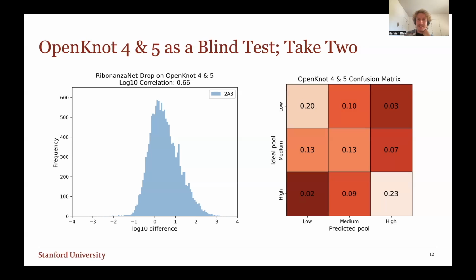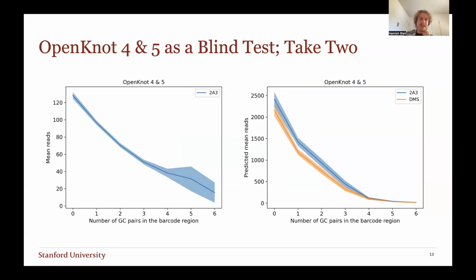And I will highlight another thing that RibonazaNet-Drop was able to correctly predict, which is something that was noticed by Eterna players a while ago: as you increase the number of GC pairs in the barcode, the mean reads for that sequence decreases in a pretty significant way. And on the left, I've shown that this trend does indeed exist in this OpenOt 4-on-5 dataset.